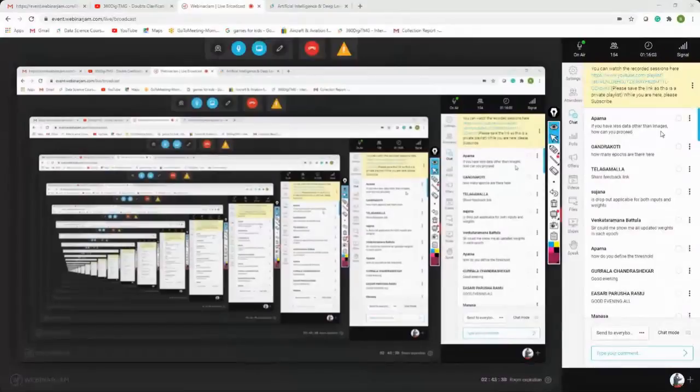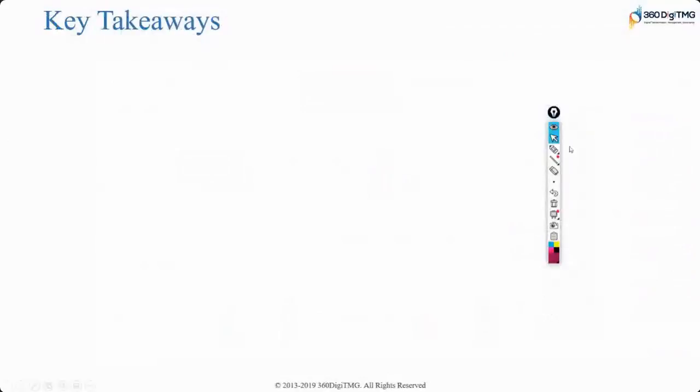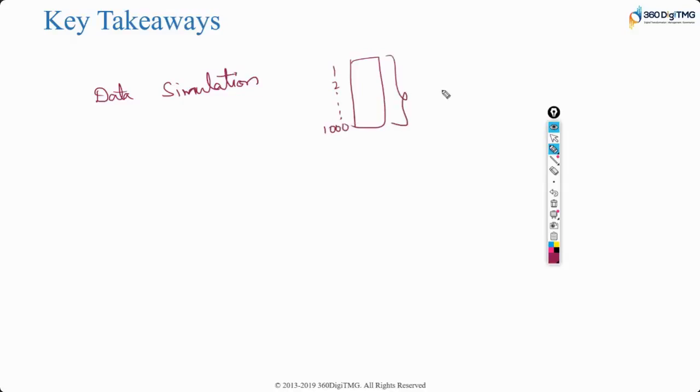Okay, if you have less data other than images, how can we proceed? Then you have to get more data. Simple. You mask your data and simulate your data otherwise. There is something called data simulation. You might want to explore this. Data simulation is a technique which is used to get more data. Say you have only 1,000 data points. What people usually do is they look at the underlying data distribution.